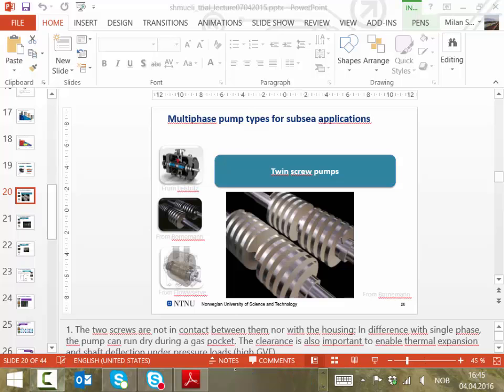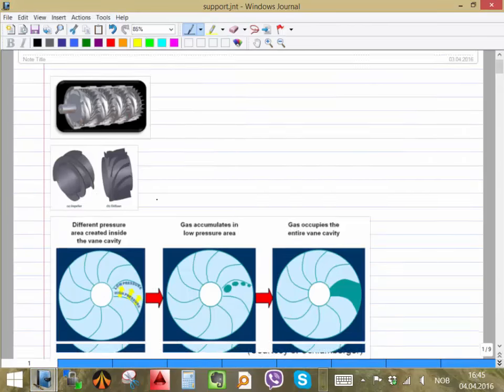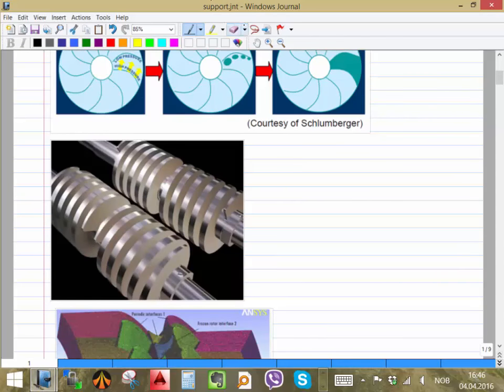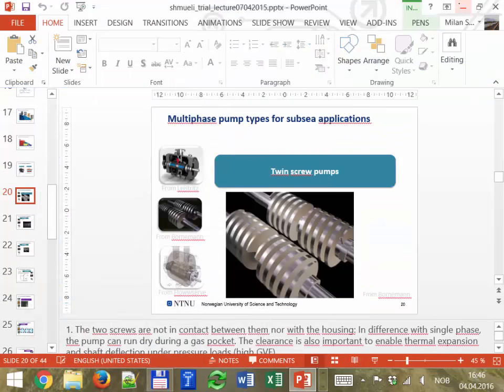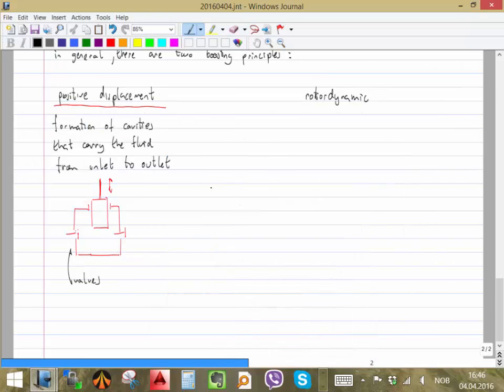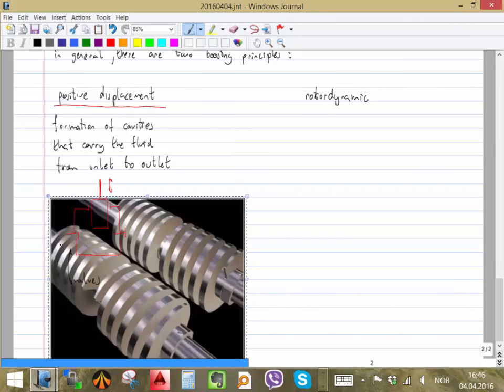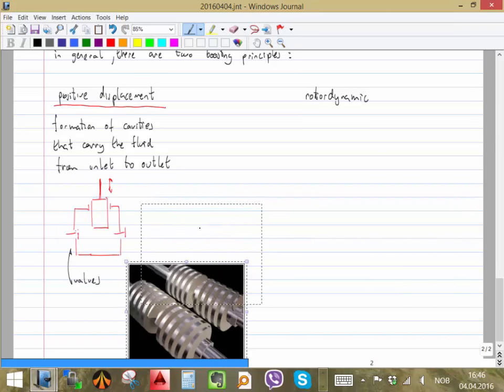There are many pumping technologies, but here we are looking at those applicable subsea. If you go topside, or to other applications like drilling, there are many more.